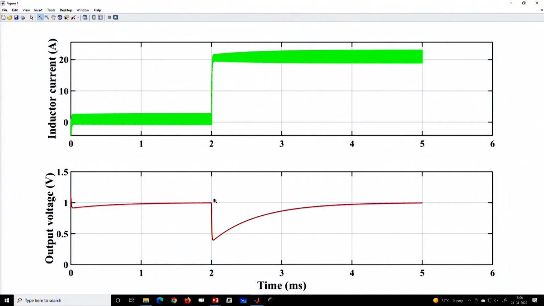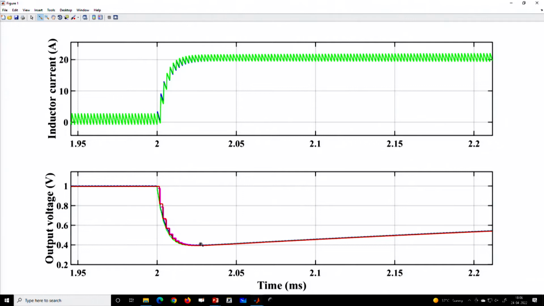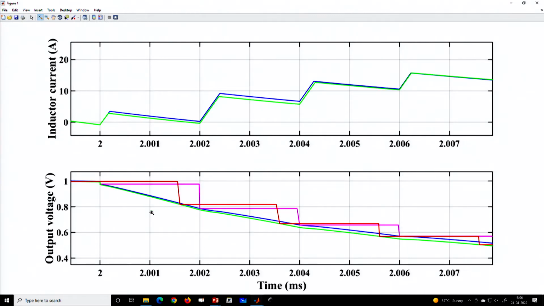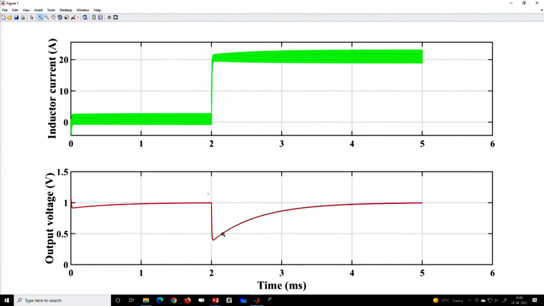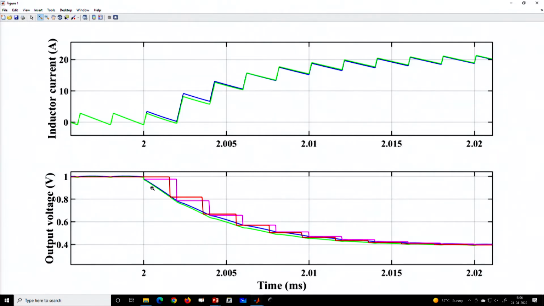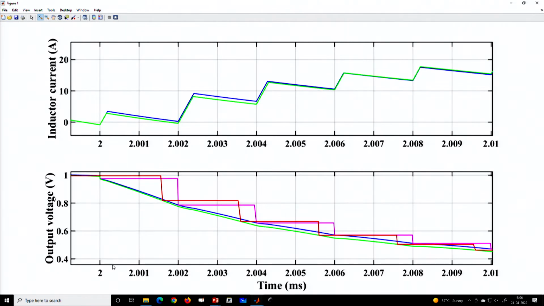You will see the response is not fundamentally different, because it is already a kind of sluggish response, but the sampling point is different. If you take these two particular update mechanisms, you see the magenta one which we did earlier; if we take only a few cycles, you see the magenta one was getting updated at the switching point, which was the earlier case.